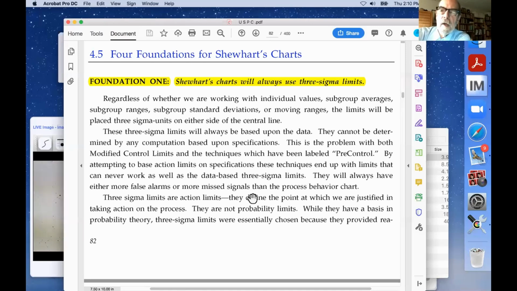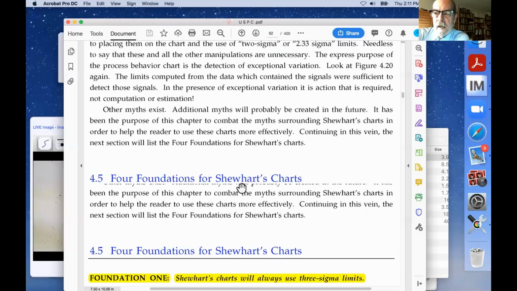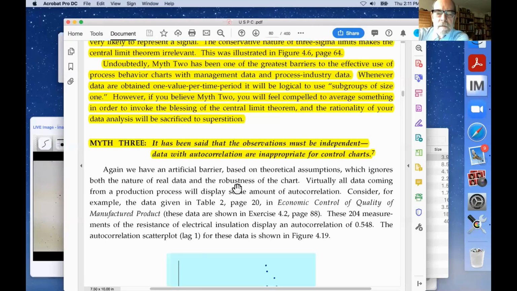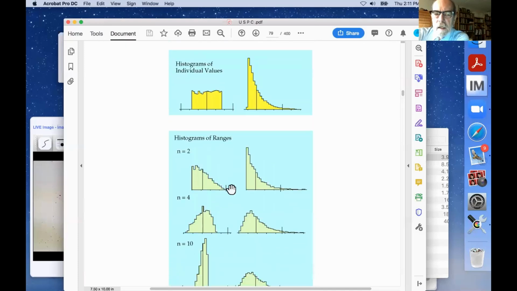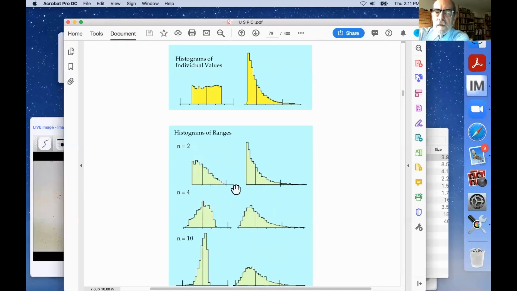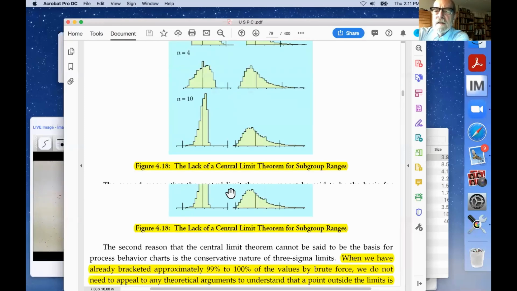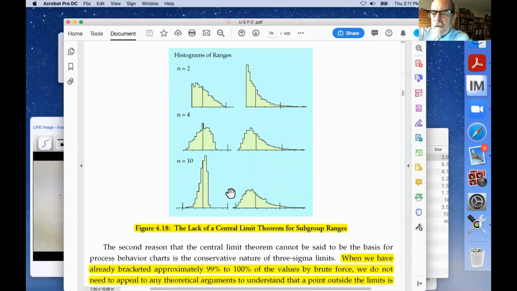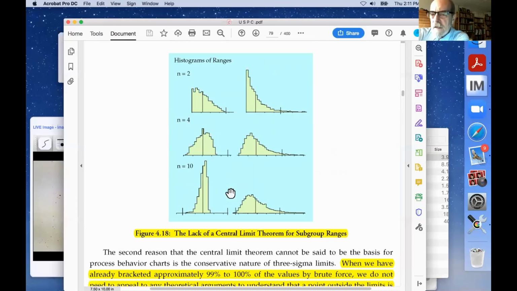If I can summarize myth number 2. Oh, there's several of them, but go ahead. Just to clarify in my mind's eye, what you're saying is that the individual moving range chart is not sensitive to false signals when the data is non-normal.